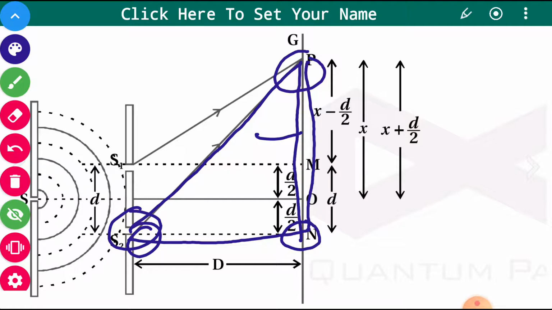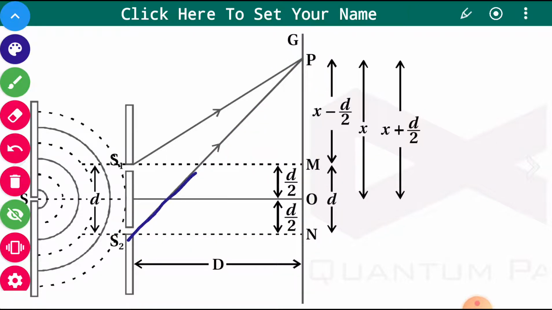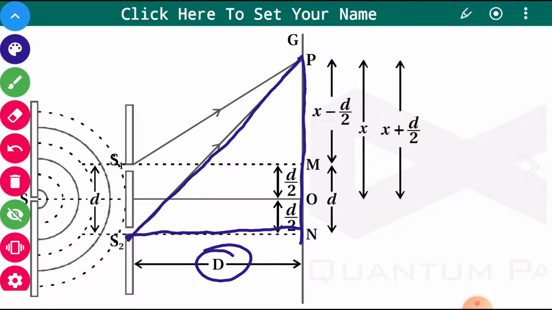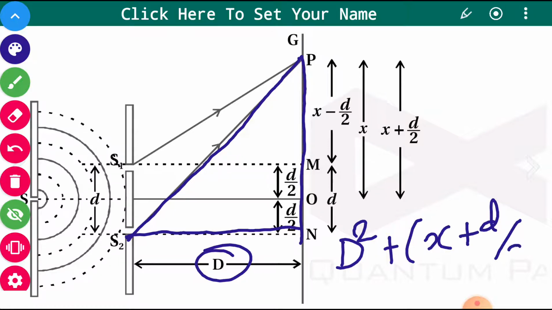That is very clear. Again, S2P square is equal to PN square plus S2N square, and S2N is nothing but D. So D square plus x plus d by 2 the whole square it will be.